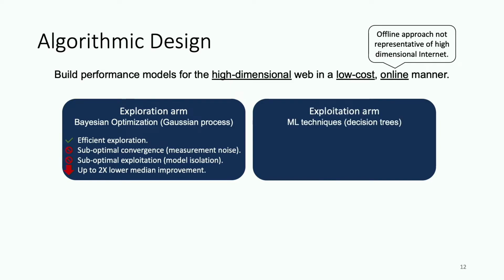On the other hand, we have machine learning techniques available like decision trees or random forests that are very good at exploiting patterns. But the key limitation is that they do not have any efficient exploration. One can use random exploration to generate some training data, but that incurs cost.